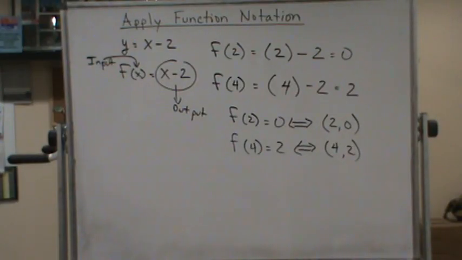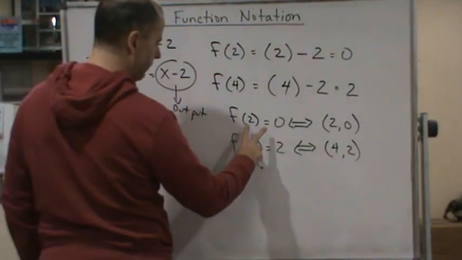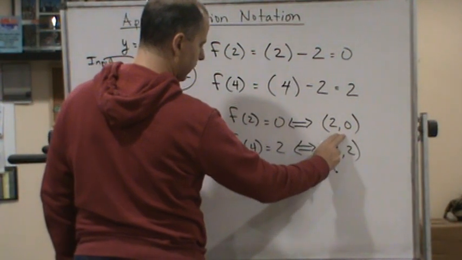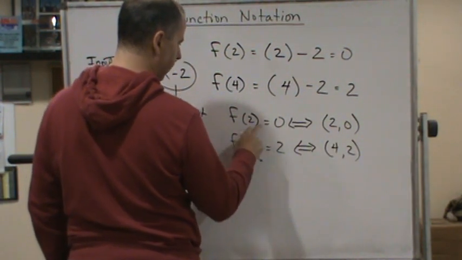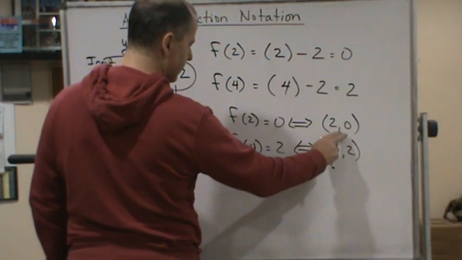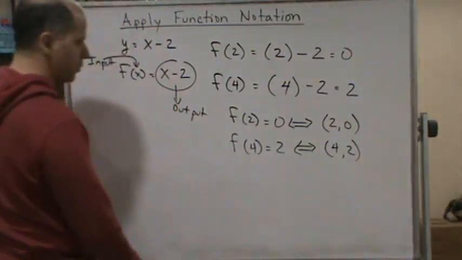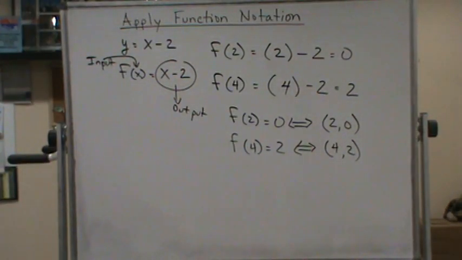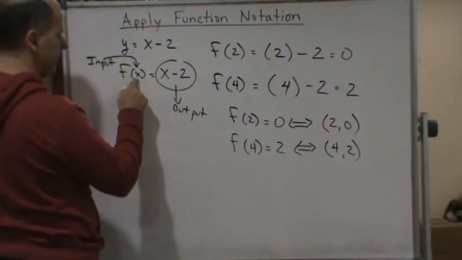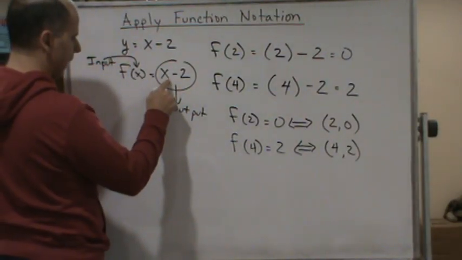Okay? So I'm just showing you that it can be written equivalently as this. When I say f of 2 is 0, that's the same thing as saying the ordered pair (2, 0) is a solution.